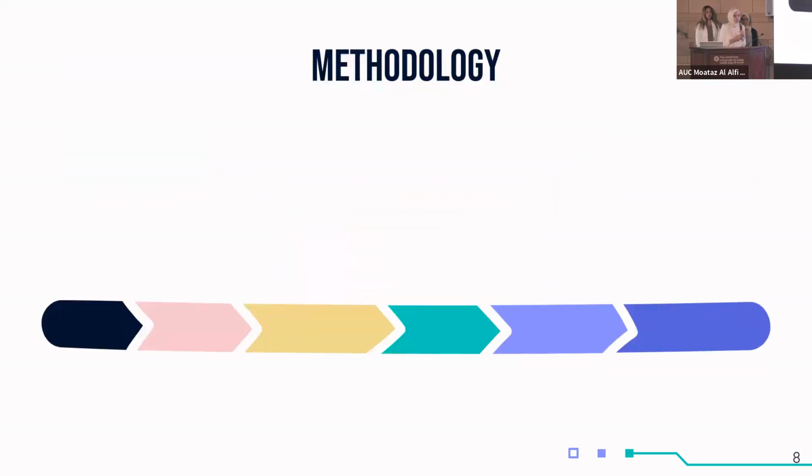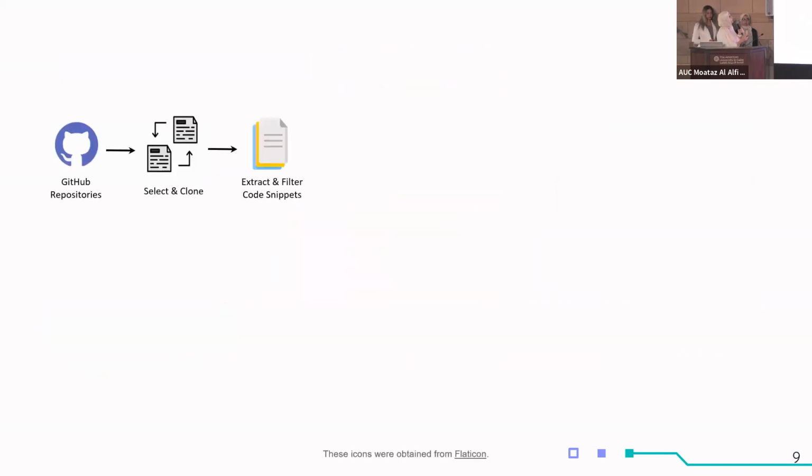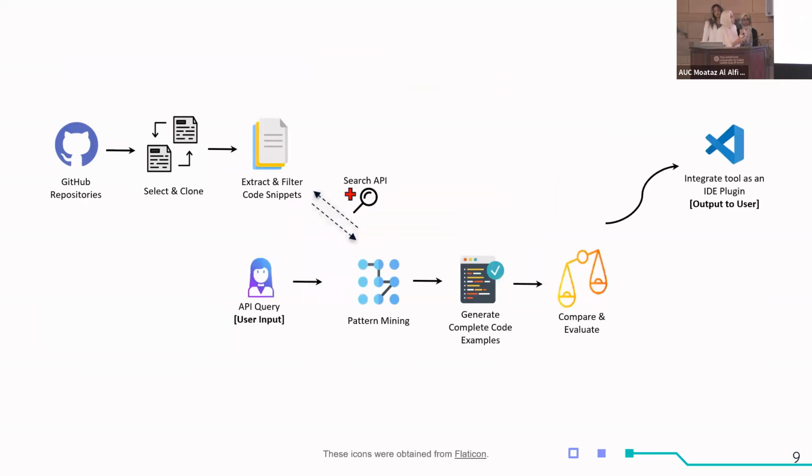Now I'll walk you through our methodology throughout this project. So the first thing we did is that we mined GitHub repositories and we selected and cloned code snippets. Next, we took an API query as a user input, and we used that API query to search in the extracted and filtered code snippets.